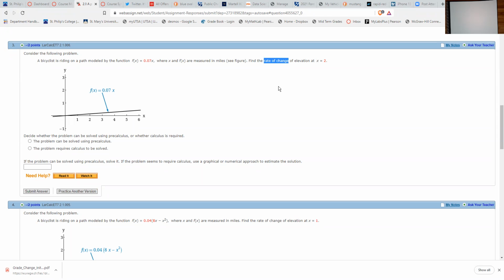Back in the day, the rate of change of a line is a slope. Yeah, y equals mx plus b. Exactly. So the m is right there, 0.07. So it'll be the same rate at any x because it's just a slope. It's not a complicated function. So I don't think I need it personally.